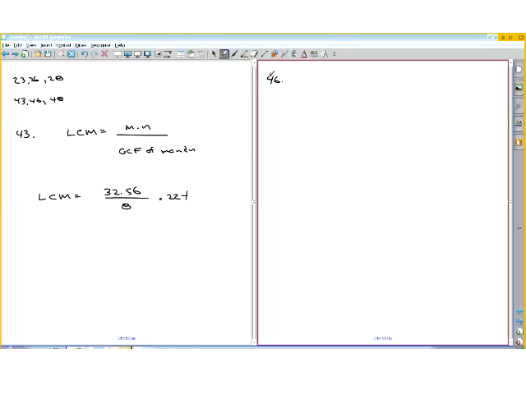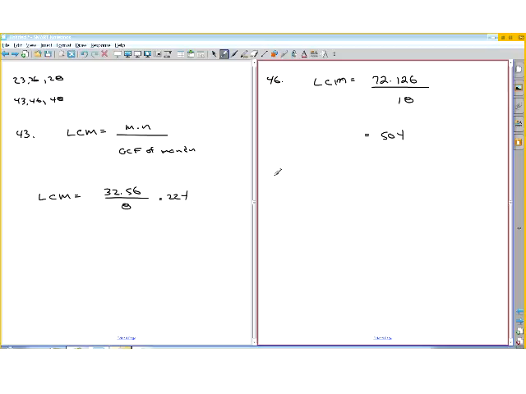Okay, so let's do the next one, which is 46. The least common multiple of 72 and 126: we take 72 times 126, and we divide by 18, which was the greatest common factor. 72 times 126 divided by 18 is 504.